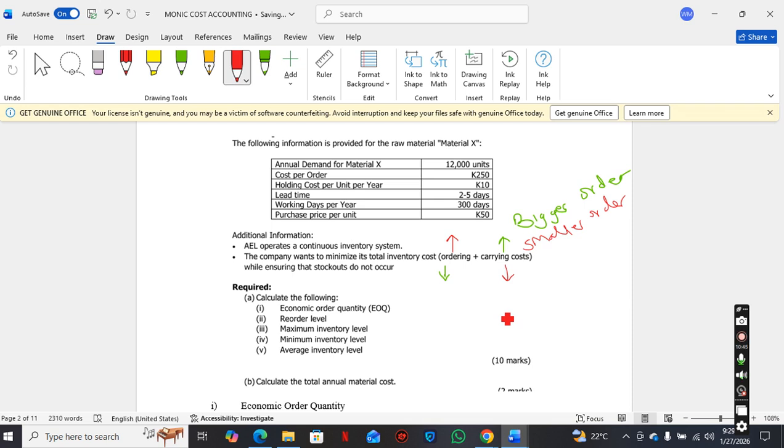And then the smaller the order, the more the ordering cost. The ordering cost increases, and the carrying cost, which is the holding cost, reduces. Yes. Colleagues, I hope we are all okay with that.